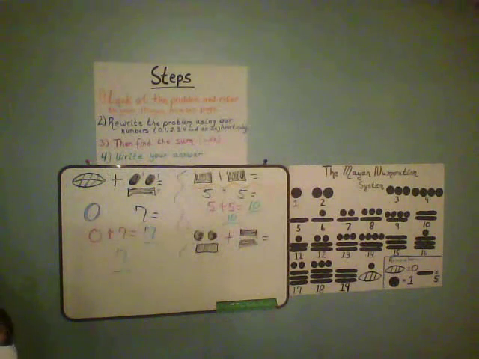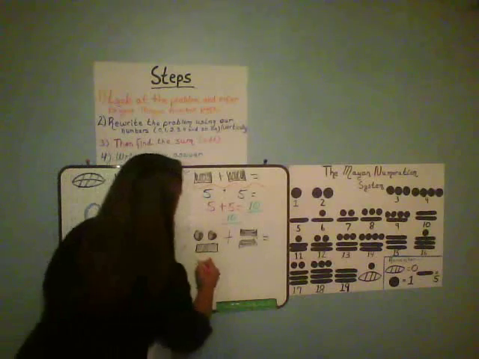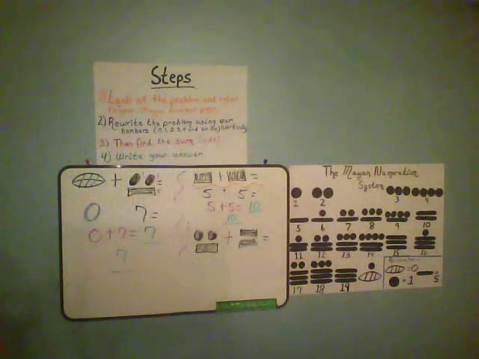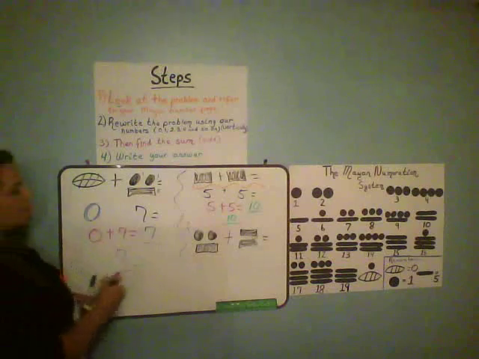Excellent. Okay, our second practice problem. We have two rocks and a stick plus two sticks. First step is to do what, Shannon? Look at the number. Second step is to do what, Adriana? Right, rewrite the problem using our numbers.